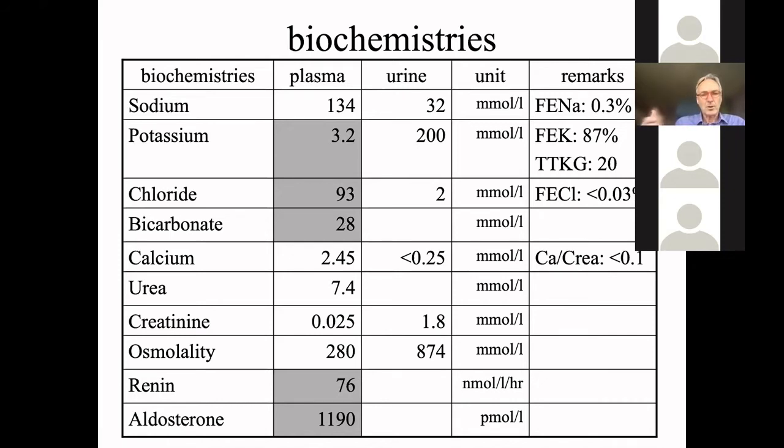And that's, of course, because they have elevated aldosterone, but it's not because of renal salt loss and hypovolemia, but because of extrarenal salt loss and hypovolemia. And the way to distinguish between them is by looking at the fractional excretion of chloride.